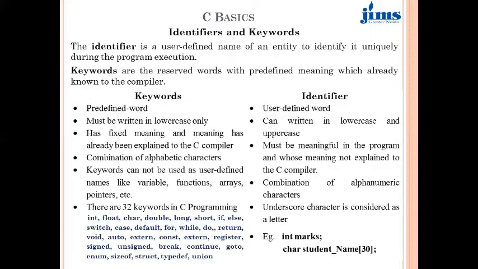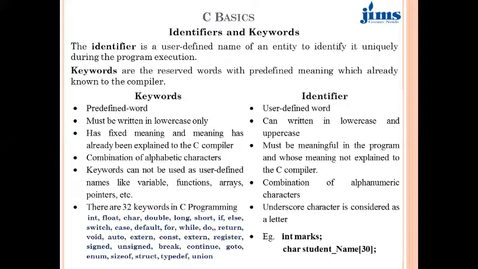Keywords must be written in lower case only, because these are predefined. An identifier can be in lowercase and can be in uppercase. Keywords are a combination of alphabetic characters only. There is no numerical character or special symbol used in the keywords.